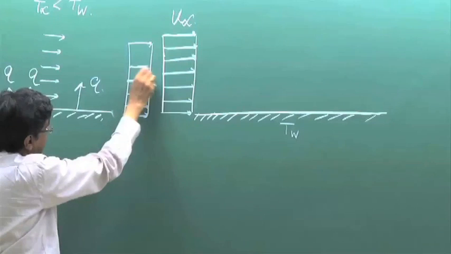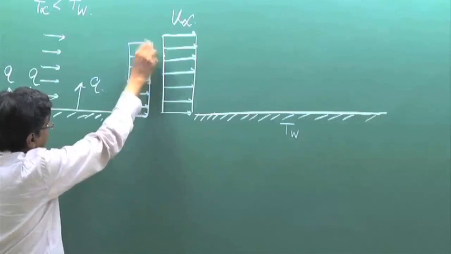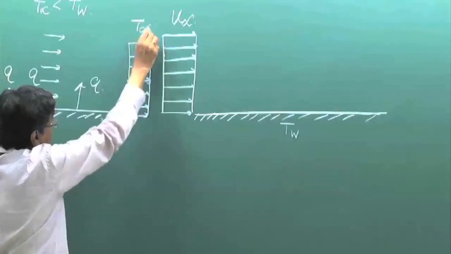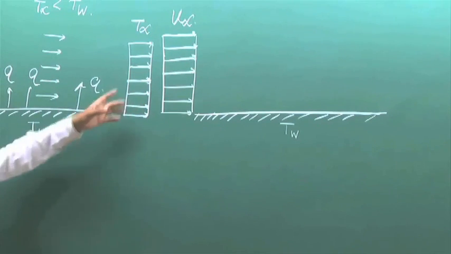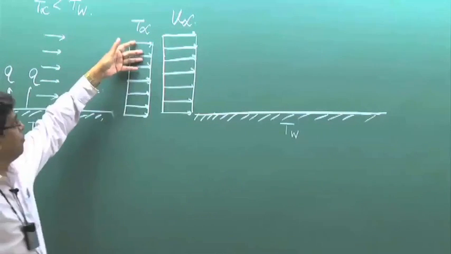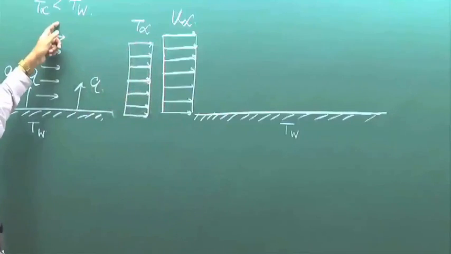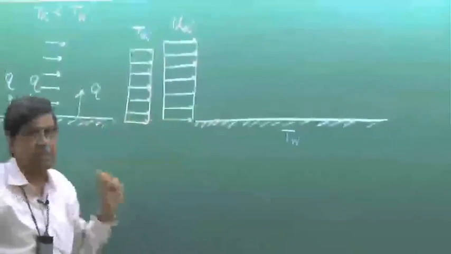Though temperature is a scalar quantity, I am showing it by an arrow just to have a representation, with a uniform temperature T infinity which is lower than Tw, and with the u infinity the fluid approaches this plate.